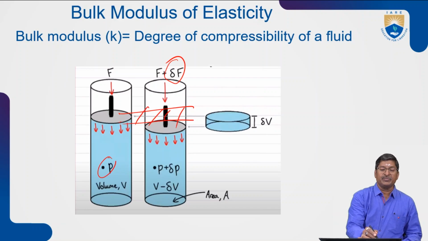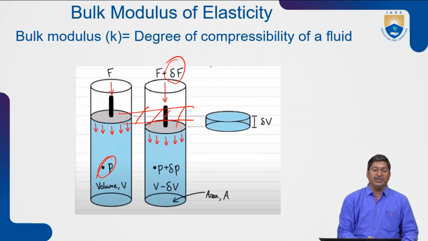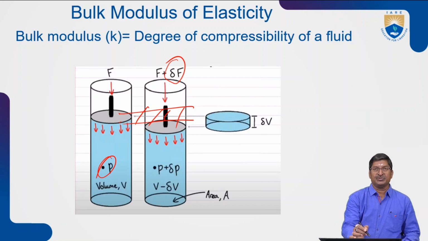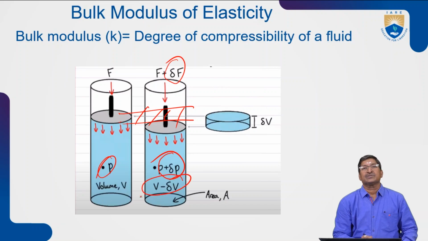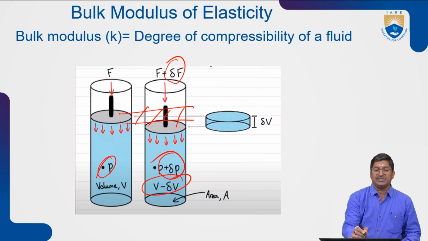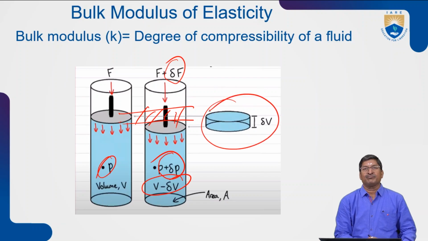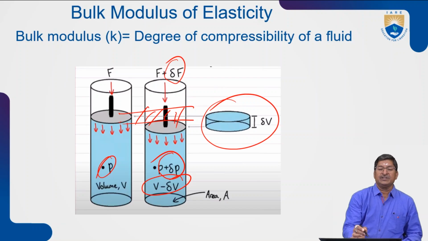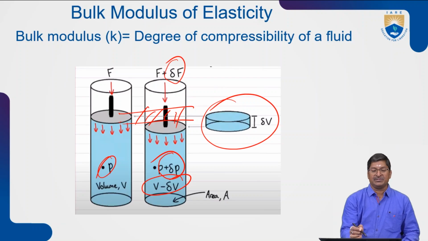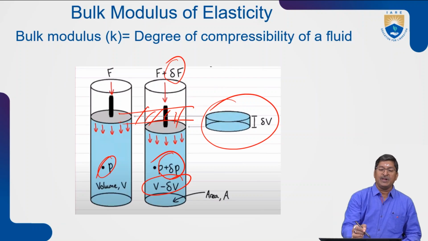The inside pressure is P before increasing the force, and after applying the force the pressure will be increased, so P plus delta P. The volume will be reduced, and this is delta V, the change in volume with respect to the change in pressure. If more force is applied, more volume will be decreased.